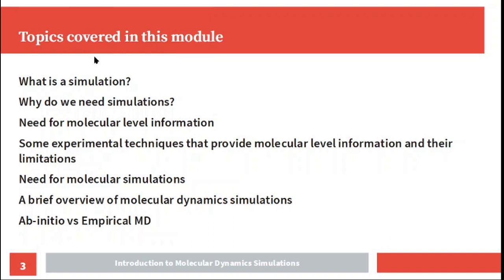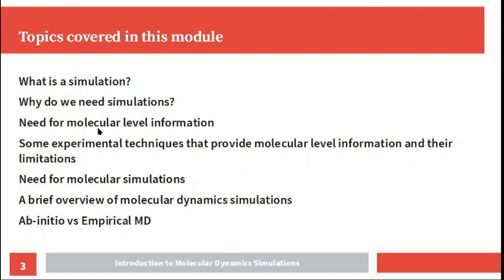So, in this module, we'll be talking about these topics in particular. We'll start with talking about what is a simulation in general, and then we'll talk about why we need simulations after all.